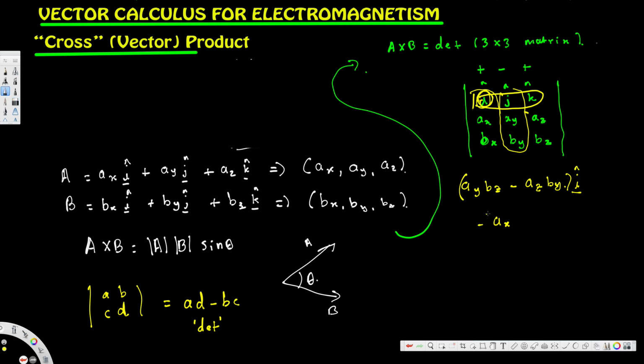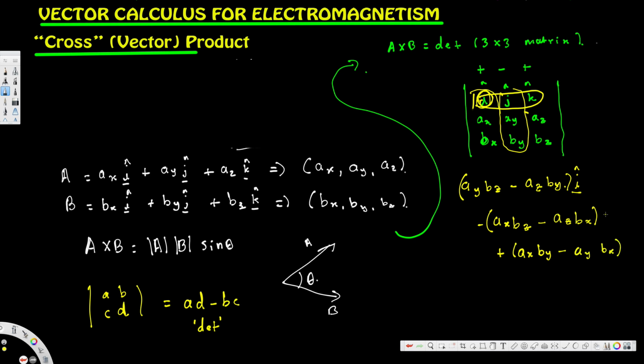For the third one we do the same thing, and that's going to be plus ax by minus ay bx.